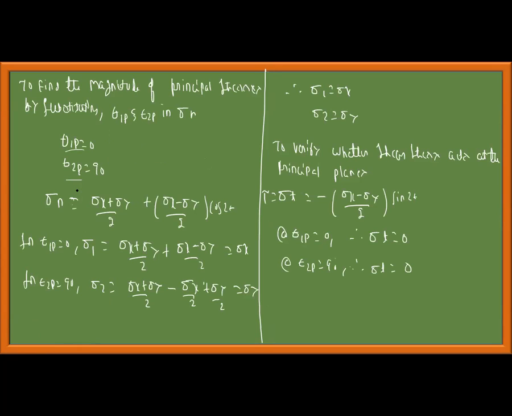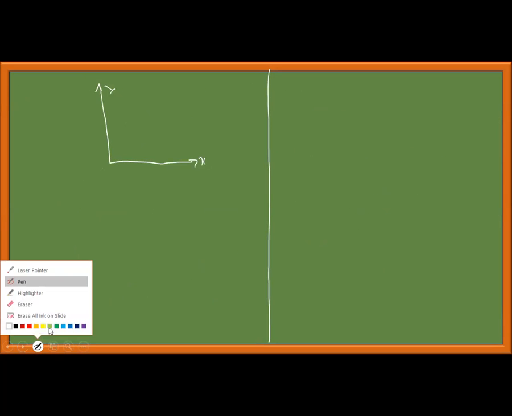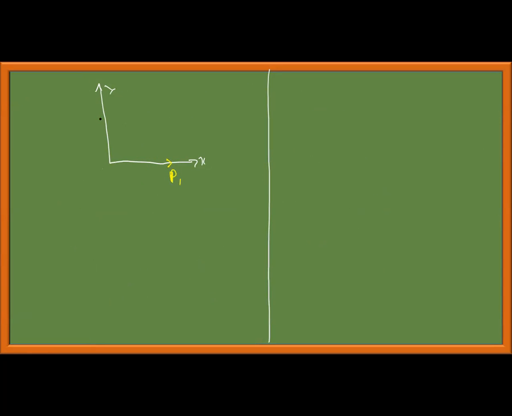Okay, now let us take the XY coordinate system. You can see here, theta 1p is at 0 degrees and theta 2p is at 90 degrees. This is principal plane 1, which is at an angle of 0 degrees, and principal plane 2, which is at an angle of 90 degrees.